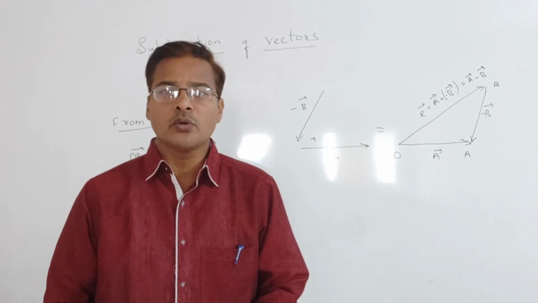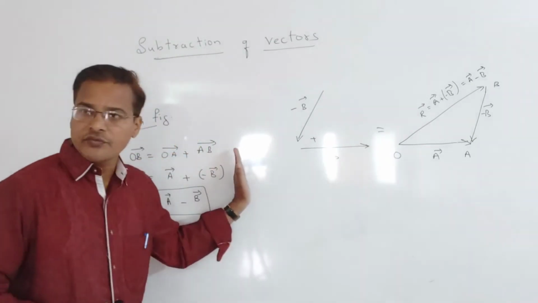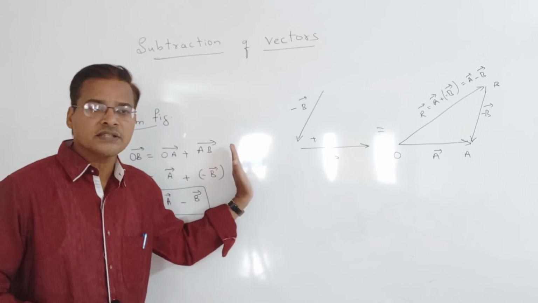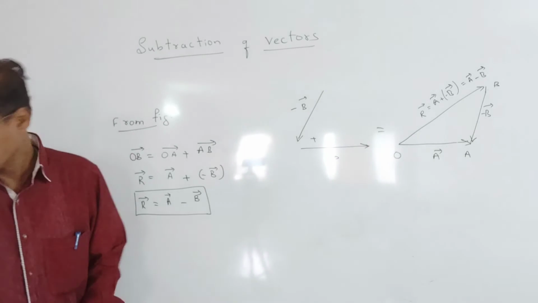Okay. So now we can understand the multiplication of vectors. How are we going to multiply the vectors? Now we understood the addition of vectors and subtraction of vectors. Now we are going to do the multiplication of vectors.